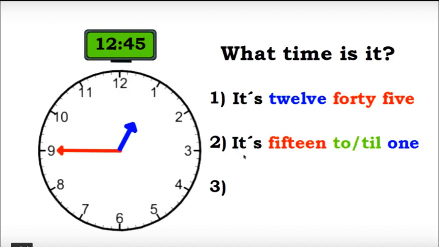So, it's 15 to 1. Or it's 15 till 1. Again, the minutes to the next hour. Or when we use 15, again, we can use a different word. It's quarter to 1. Or it's quarter till 1. Very good.